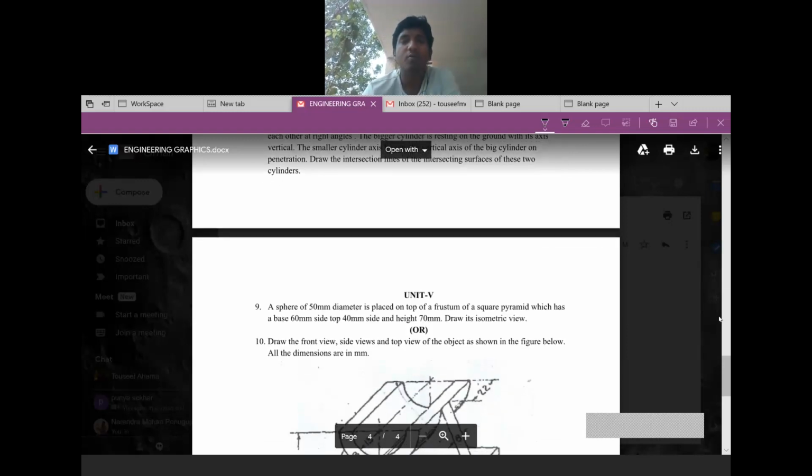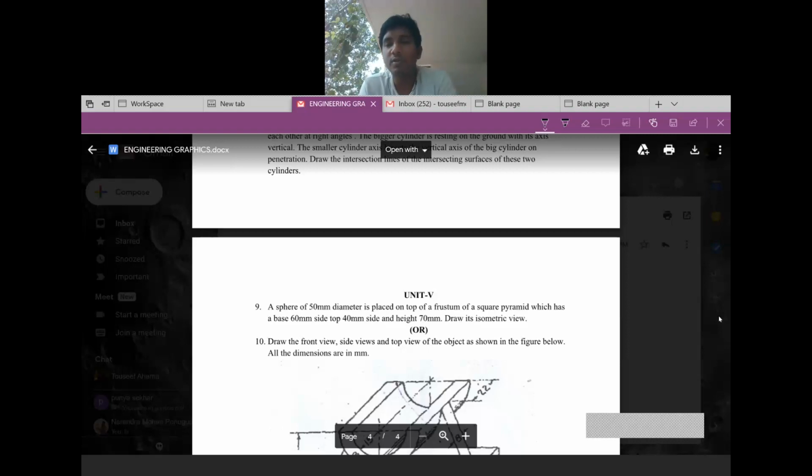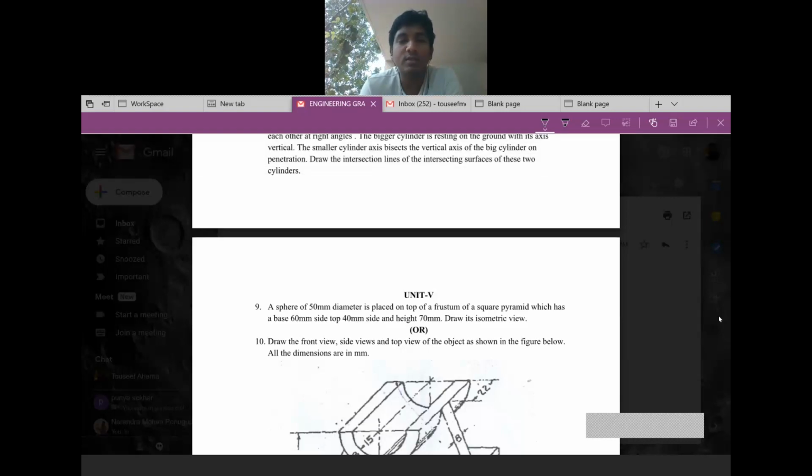Here he has given one problem. A sphere of 50 mm diameter is placed on top of a frustum of a square pyramid, which has a base 60 mm side, top 40 mm side, and height 70 mm. Draw its isometric projection. This is a very simple problem.